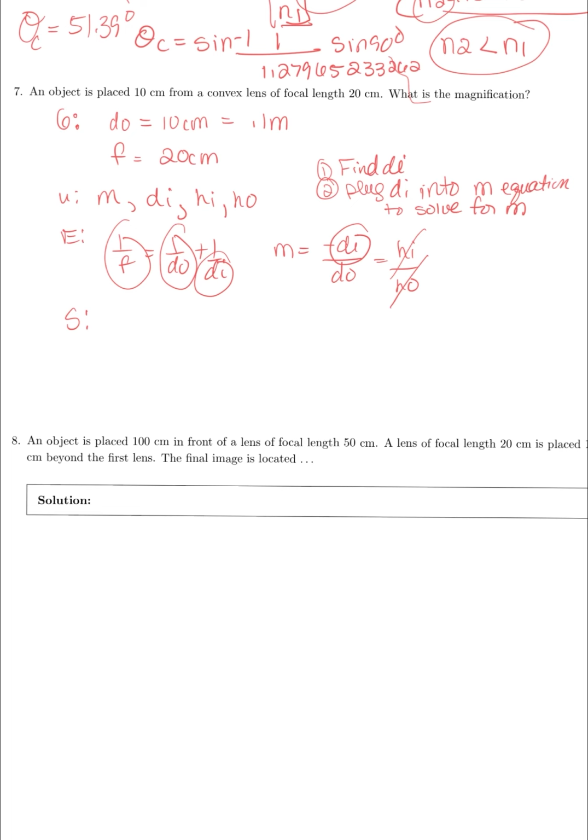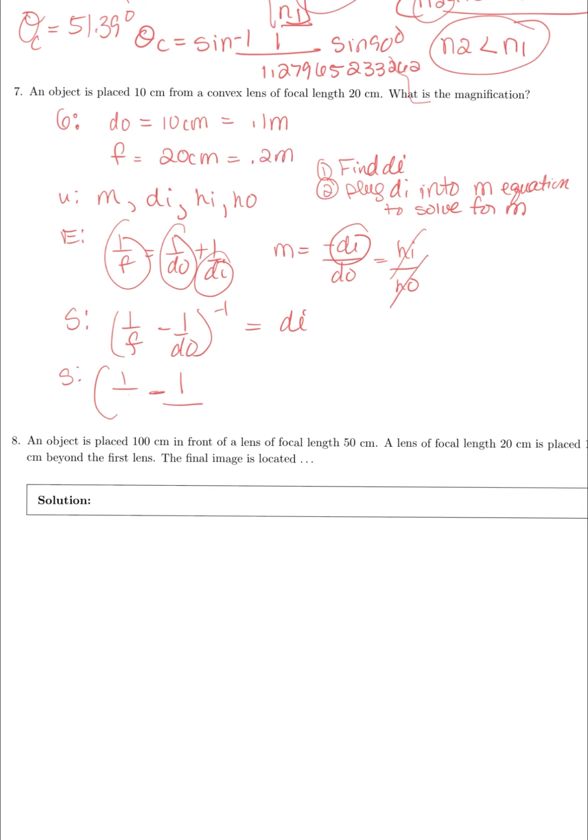All right, so let's do that. 1 over F minus 1 over DO, inverse, is going to give us DI. So if we sub that in, we're going to get 1 over 0.1 minus, sorry guys, focal length is 20 centimeters, which is going to be 0.2 meters.